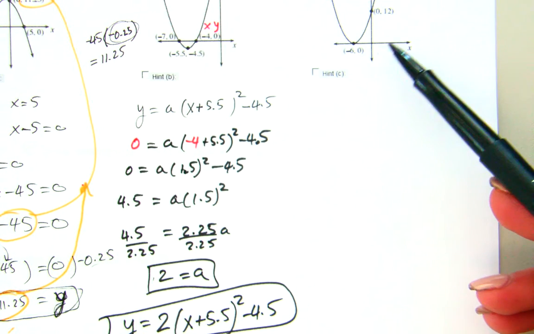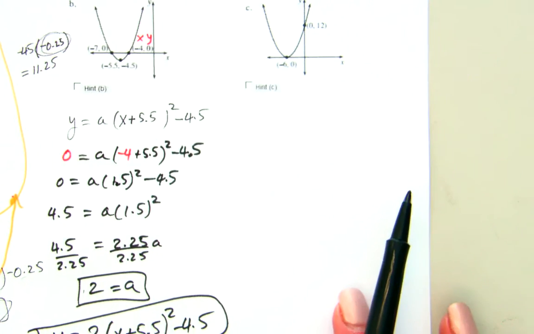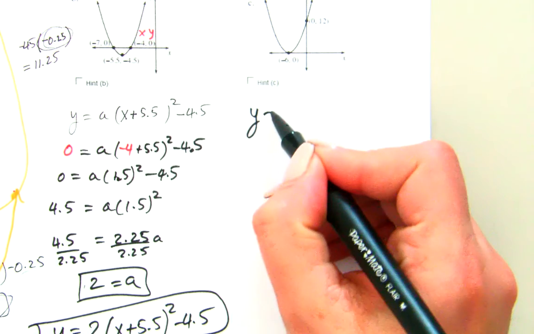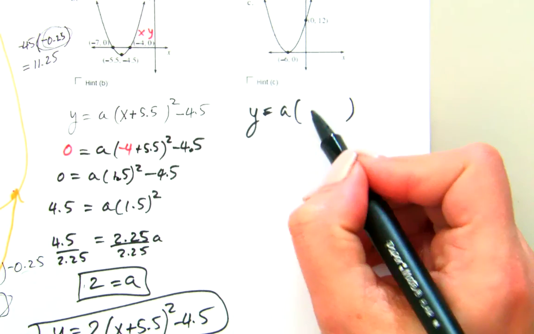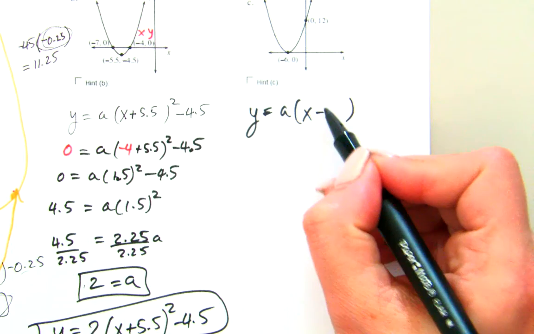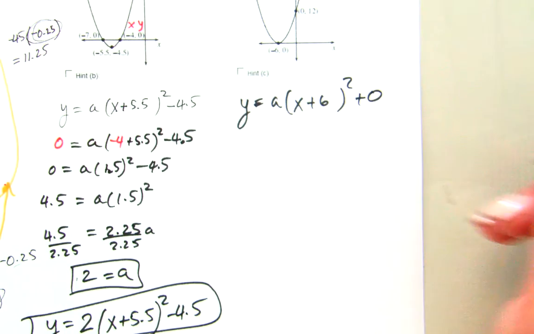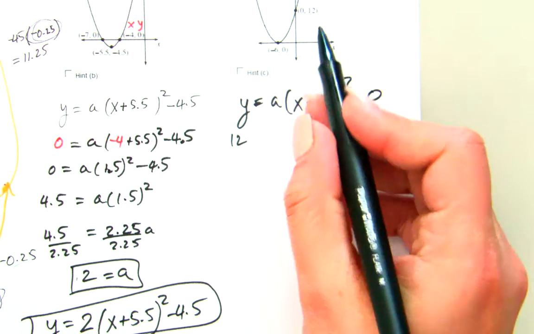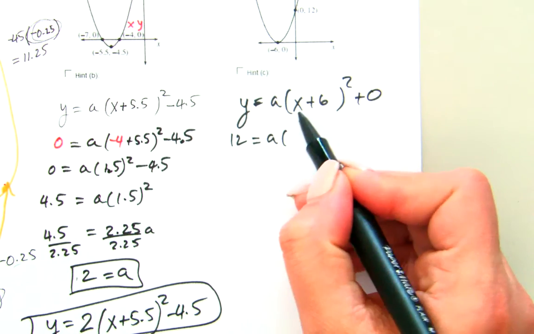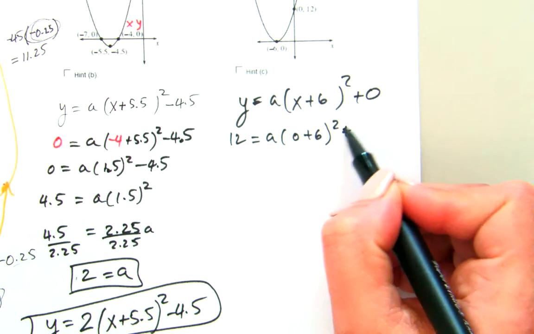And then part C is a little bit different, but I think we can work it out. It's pretty much the same process. So y equals a times (x, what is it, negative 6?) So (x plus 6) squared plus 0. And you have 0 and 12, so you need to plug those numbers in. So 12 is a times (0 plus 6) squared, well, we don't need the plus 0, I suppose.